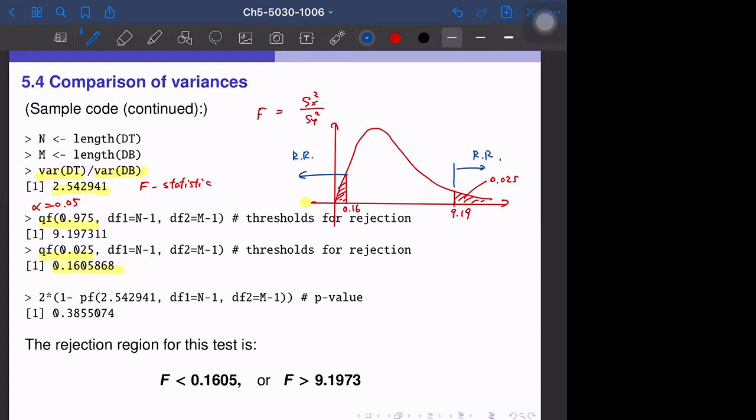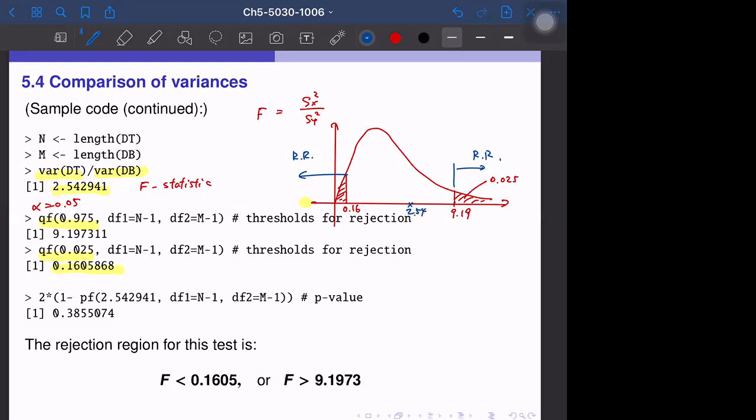So our test statistic is 2.54. So this falls around here, maybe around here. So we don't reject the null hypothesis. If you want to calculate the p-value, maybe 2.54, probably this is the thinner tail.